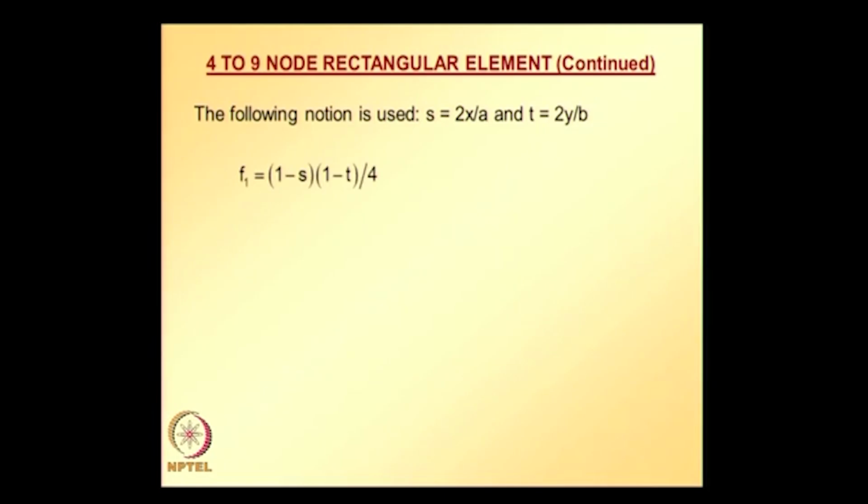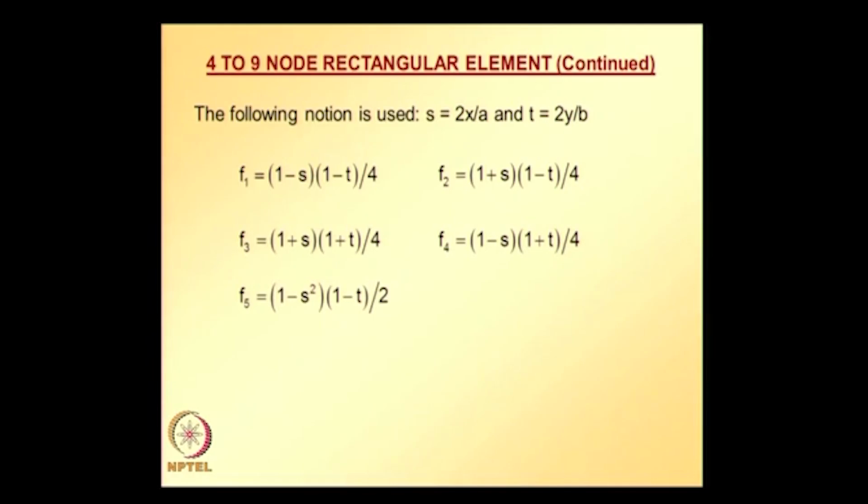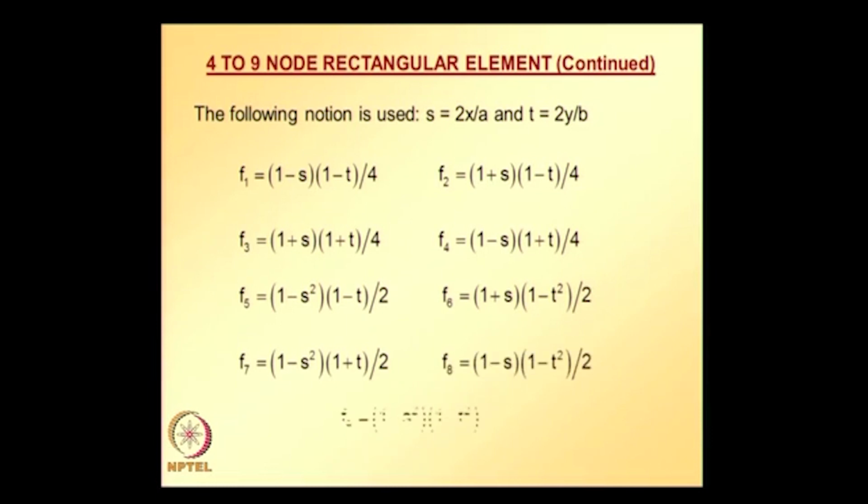With this definition of s and t, f1, f2, f3, f4, f5, f6, f7, f8, f9 are defined in terms of s and t, where s and t are obtained based on the coordinates of the particular element.